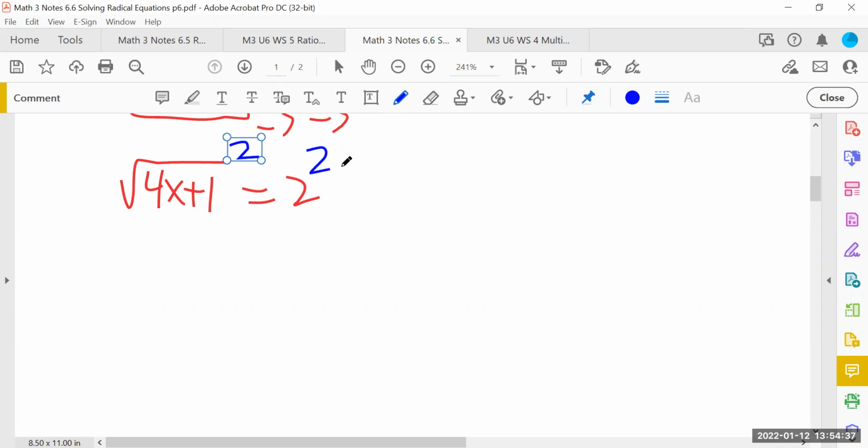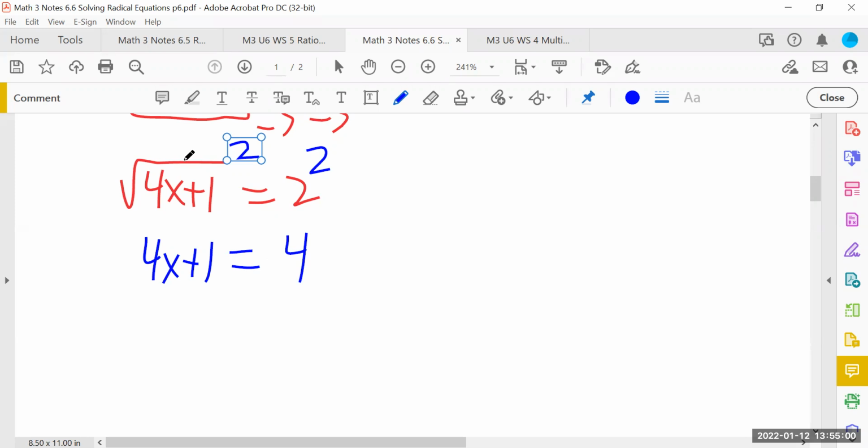Does that make sense? We haven't done a whole lot of that, but it's the same as dividing both sides by a number, or adding something to both sides. I can square both sides. I get 4x plus 1 equals 2 squared, or 4, right? The square root and the square cancel.